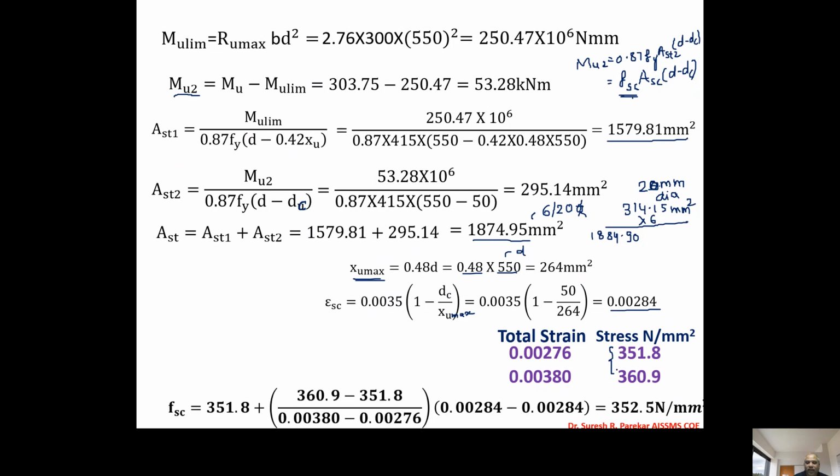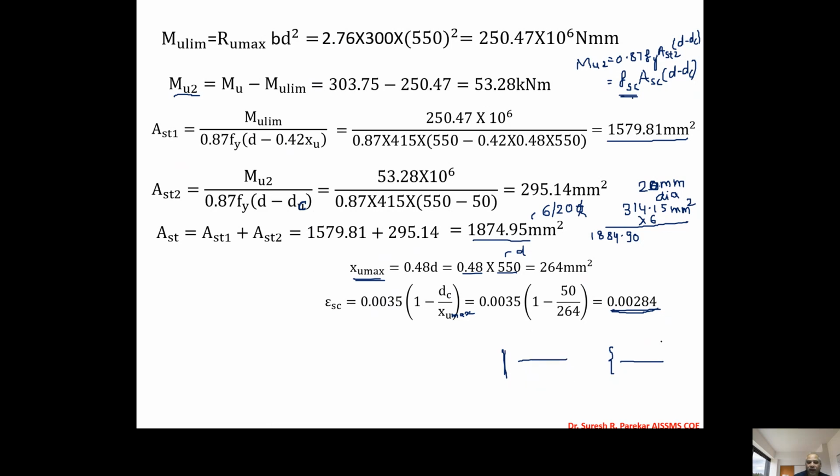So by interpolation, we will get 351.8 plus (360.9 minus 351.8) divided by the difference of these two, (0.00380 minus 0.00276), and into (0.00284 minus 0.00276), because our first value we have taken as this. From this we are going to get the value of FSC, which is 352.5 Newton per mm square.